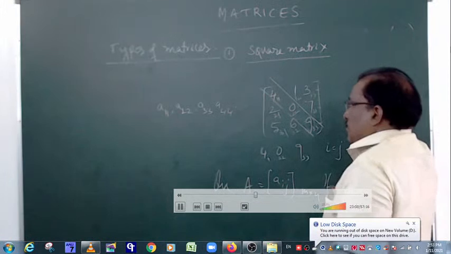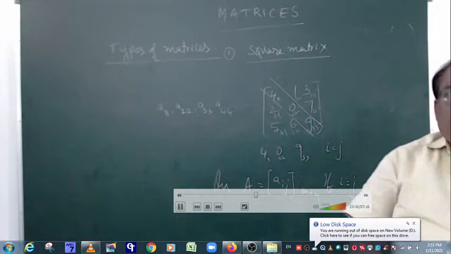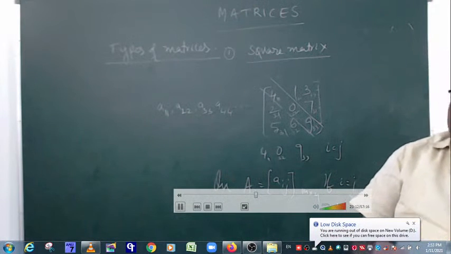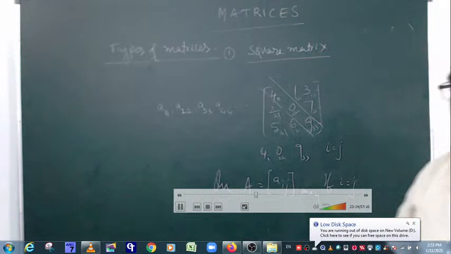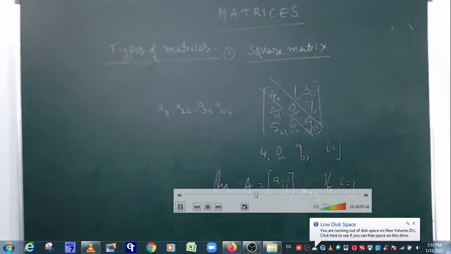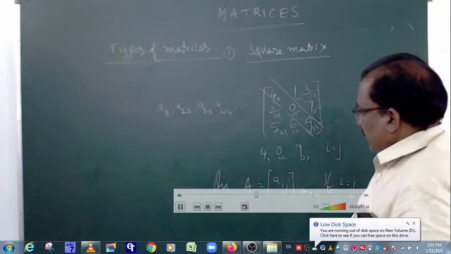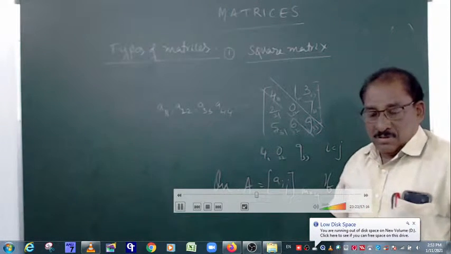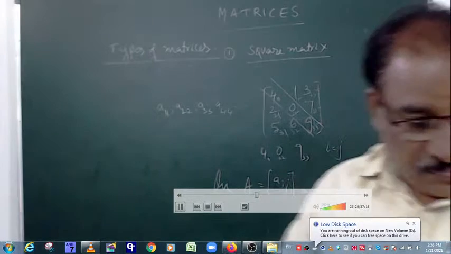Principal diagonal, write down: in a square matrix, the elements with i equal to j, that is A11, A22, A33, are called the principal diagonal.